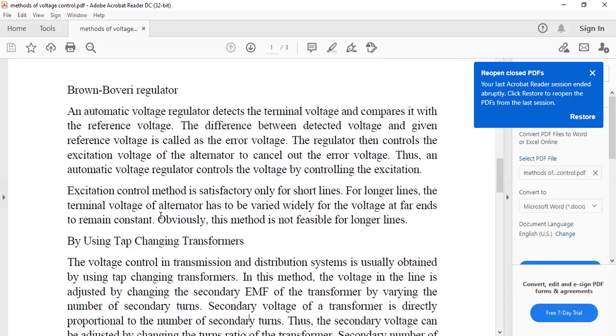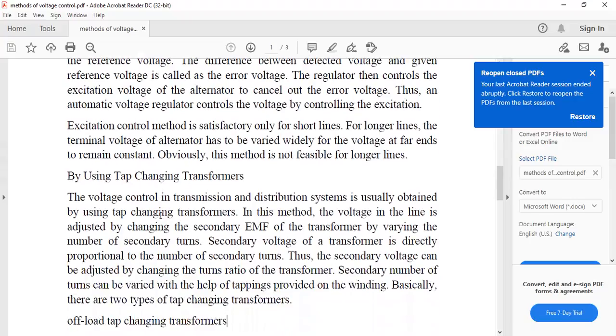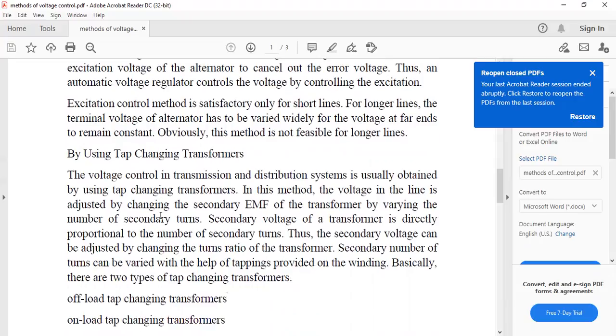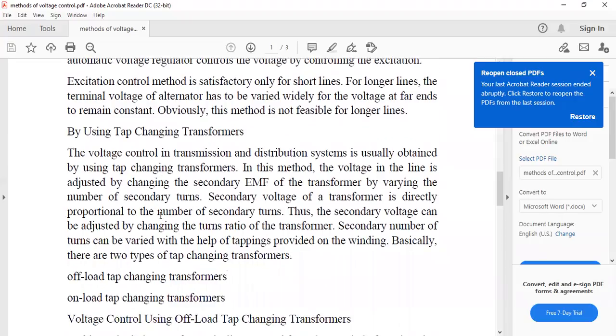Next method: by using a tap changing transformer. Here, tappings mean switches; several switches are available. If you want to draw the tap changing transformer, the primary winding is similar to a power transformer.